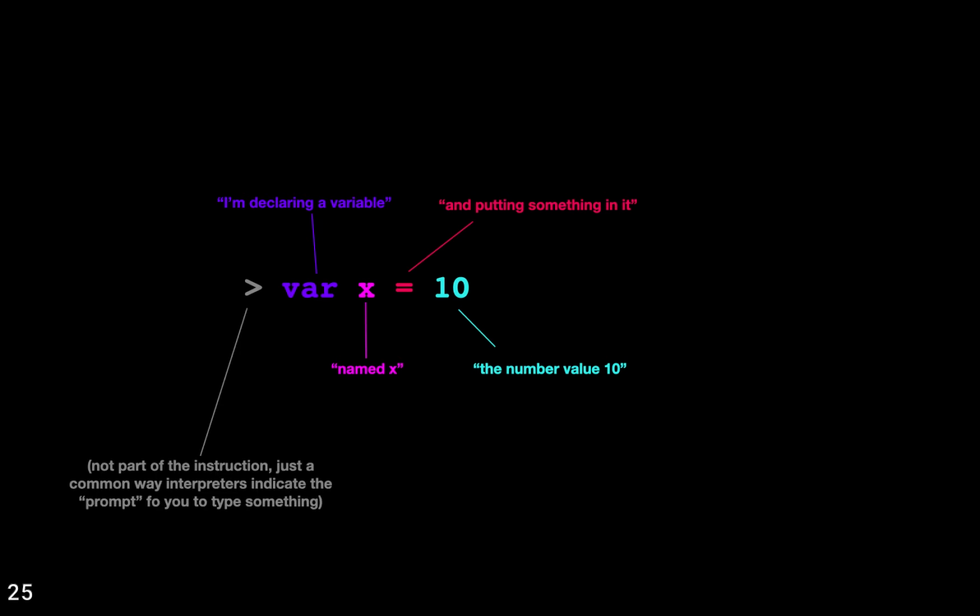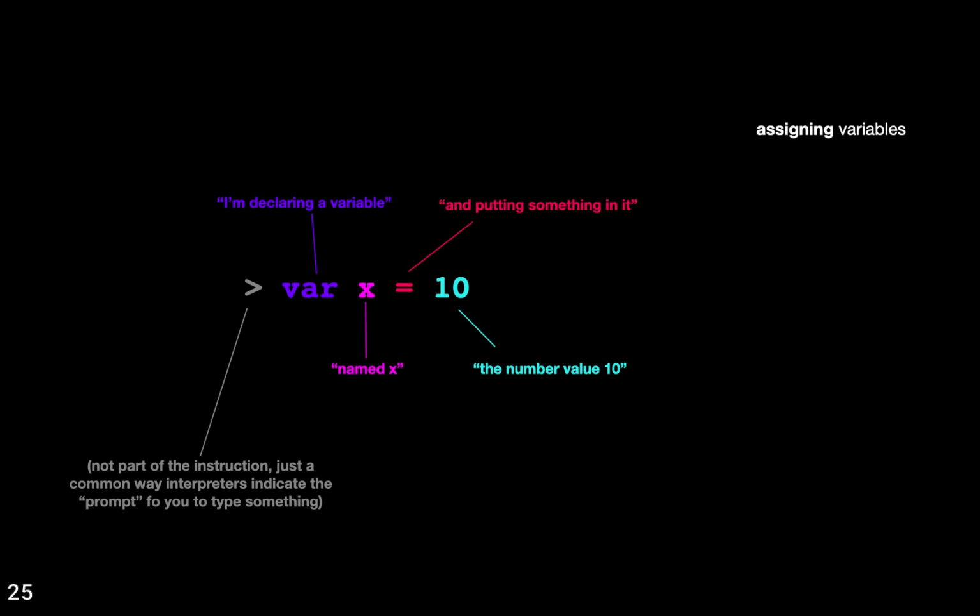Also note that little caret is not part of the instructions. That's just how interpreters often indicate, hey, your turn. And the return will be in the opposite direction. So this is the syntax. This is one sentence in the language that says, hey, hang on to the number 10 in a bucket called X, right?